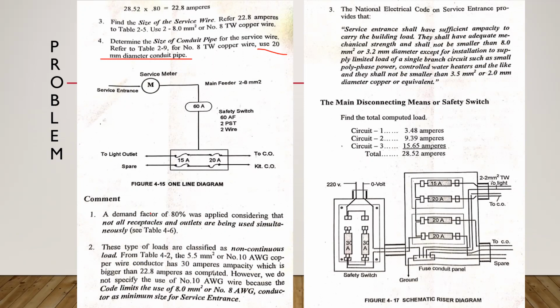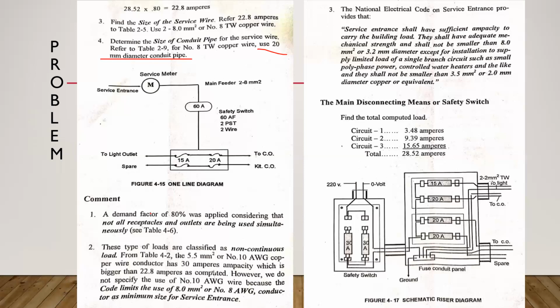Number two, these types of loads are classified as non-continuous loads. So from table 4-2, yung ating dapat, 'di ba kanina nakita natin 5.5 mm or number 10 na copper wire ang ma-fall sa 30 amperes, which is bigger dun sa ating 22.8 amperes na compute.